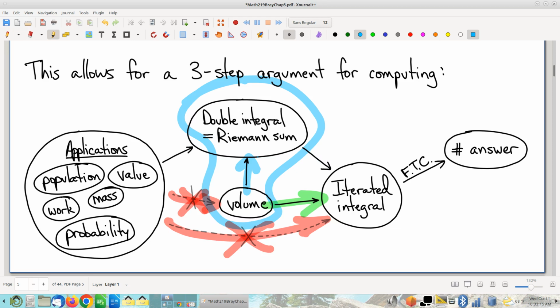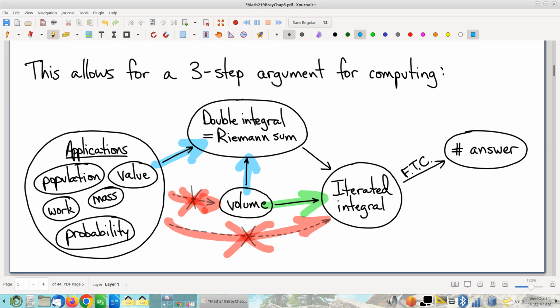Okay. I'll remind you, though, that this construction of a double integral, aka a Riemann sum, the whole point was that it's a whole is the sum of the parts construction that should apply to a vast number of applications. Any time that on a little piece of your rectangular domain you can just say, oh yeah, well, mass is mass per unit area times area, or something like that.